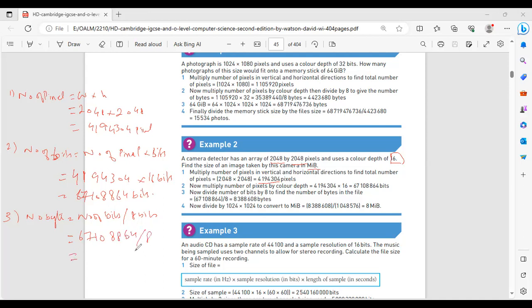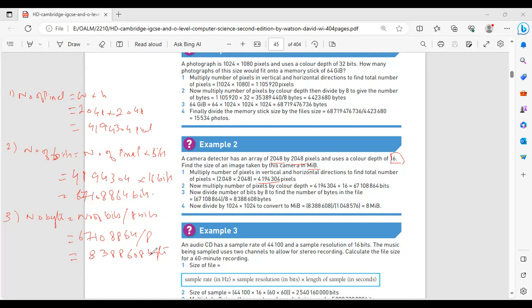Now you will get the number of bytes in the file. It will be 8388608 bytes. Okay.